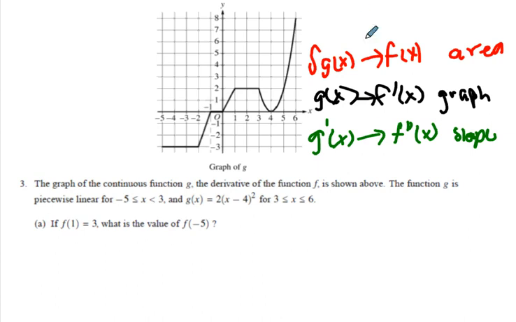So we're going to take our f of 1 and we're going to add it to the integral from 1 to -5 of g of x dx.